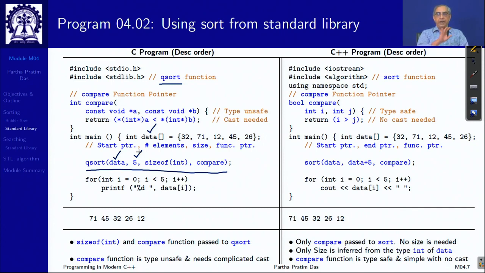So, quicksort now knows the array and the number of elements, but just think that when someone wrote this quicksort code, that programmer did not know whether you are sorting an array of integers, or an array of double, or float, or characters, or for that matter an array of some structures. The person had no idea, and still had to write the code for quicksort.